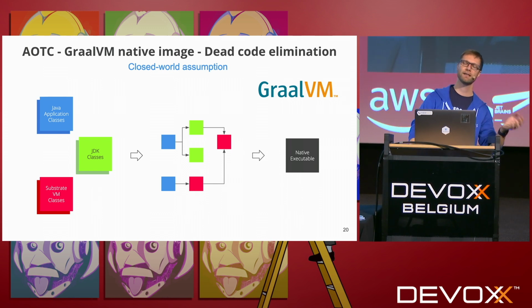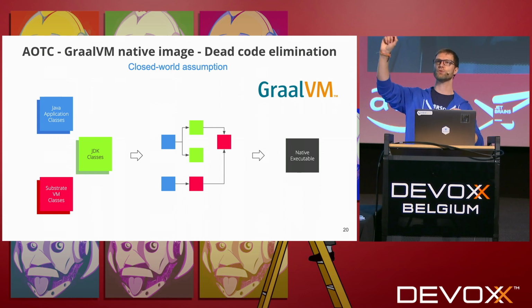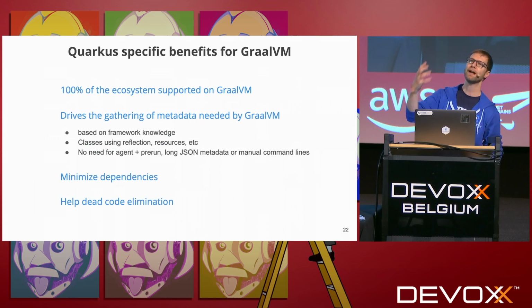There are gotchas with that. You cannot do arbitrary reflection, because if you could, you would be able to fetch any piece of code. Therefore, dead code elimination would be eliminating nothing. So you have to pass the list of classes you want to do metadata on. So what does Quarkus bring to GraalVM? For us, as backend developers, it really brings a massive usability boost.